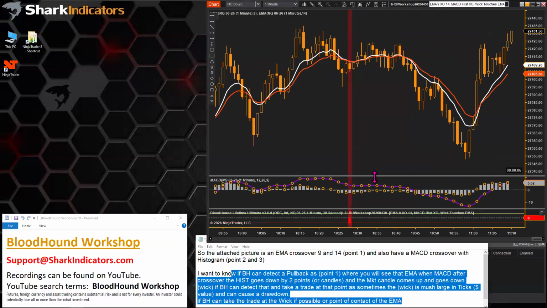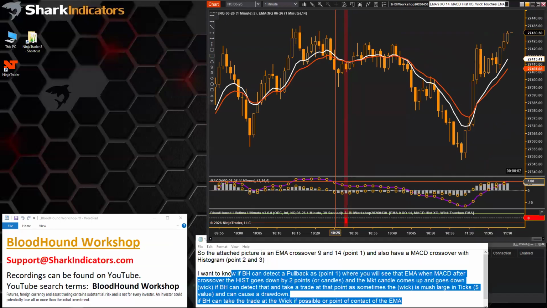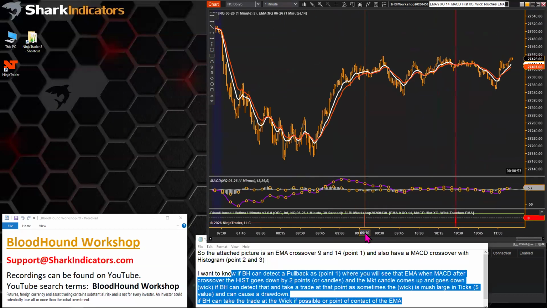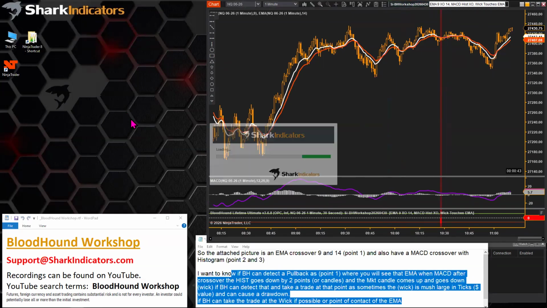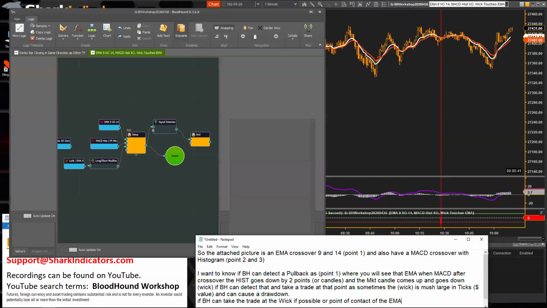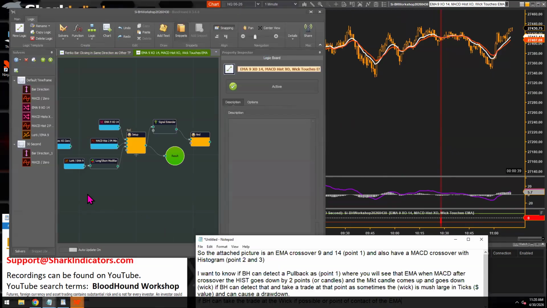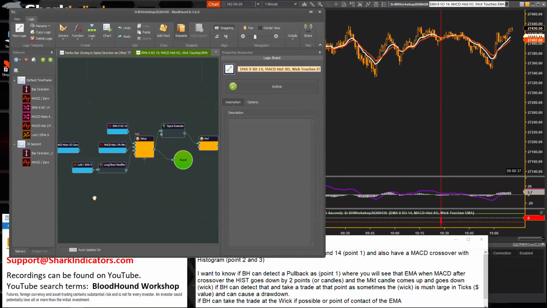I think it's comforting to traders to know where that MACD line actually is relative to the zero line and what it has done in the past. So I'll just leave it on there just in case. I think we have taken care of everything here so far.